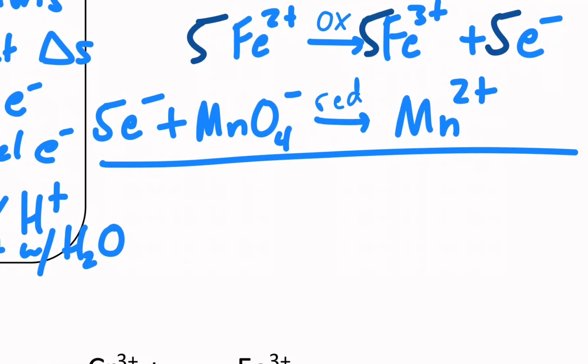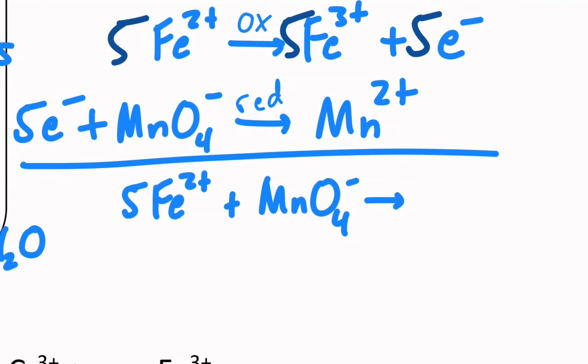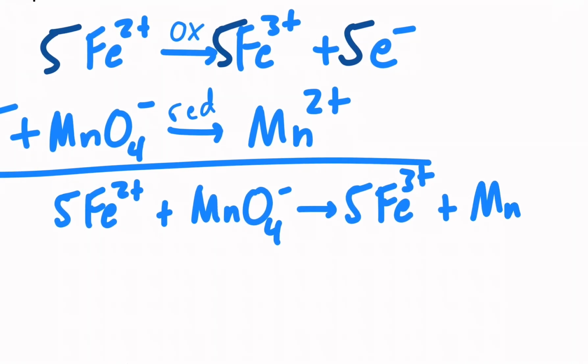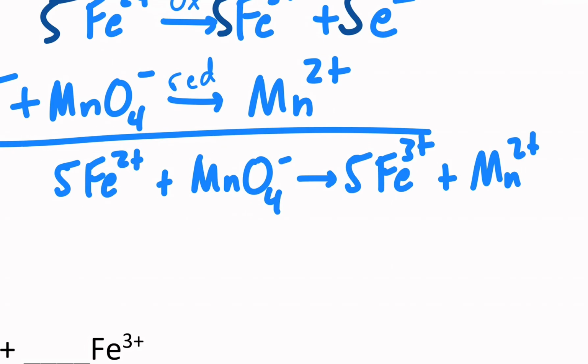So I'm going to have 5 Fe2+ plus 1 permanganate make 5 Fe3+ and a manganese 2+. And now I'm going to balance the charge with ions. We're going to do H+, we're going to say in acid, and then I'm going to balance the rest with water.